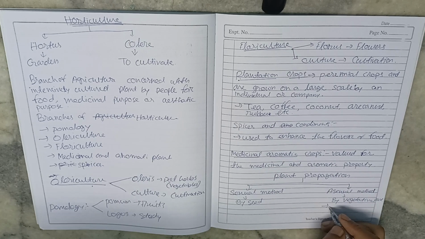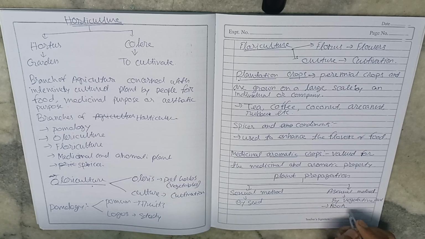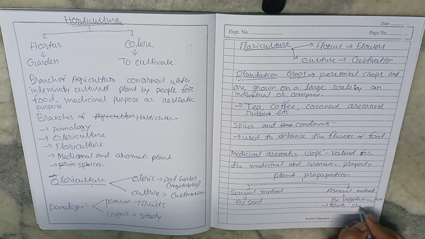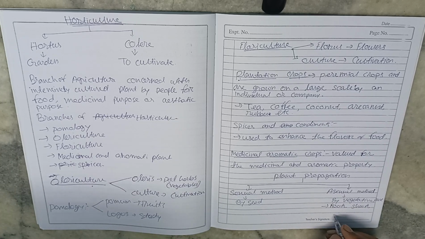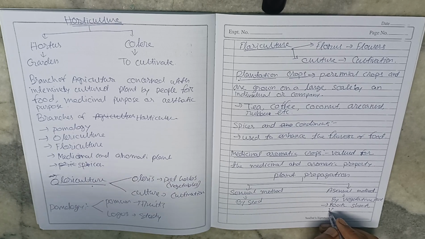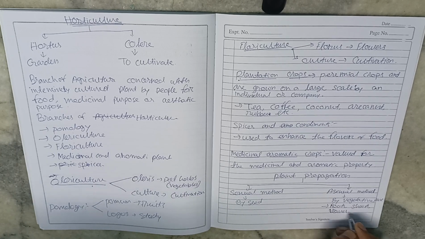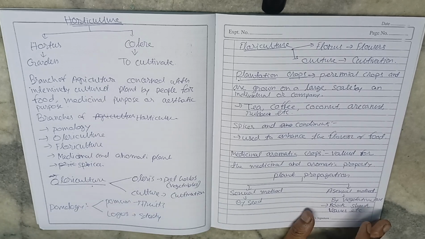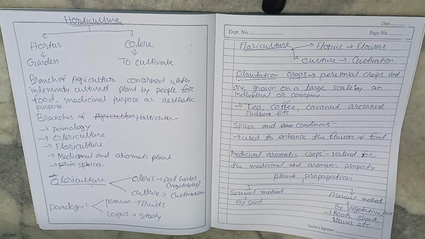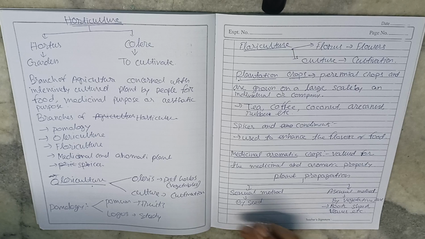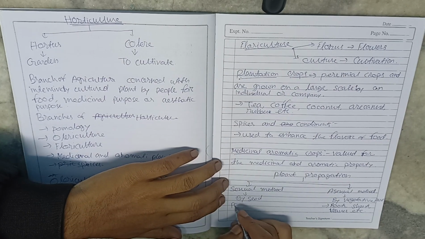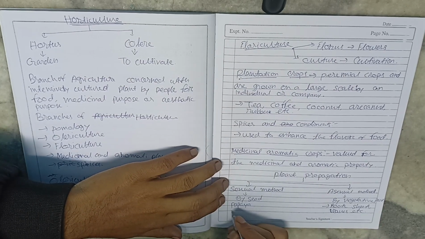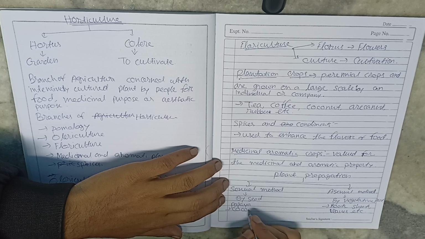Multiplication of plants by seeds is known as the sexual method. For example, we have the papaya. You must have seen that papaya fruit has lots of seeds inside it, and those seeds are generally used for its propagation. Similarly, in coconut also we go for the seed for sowing purposes.